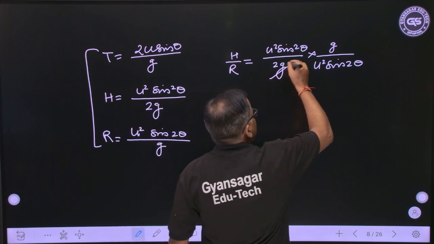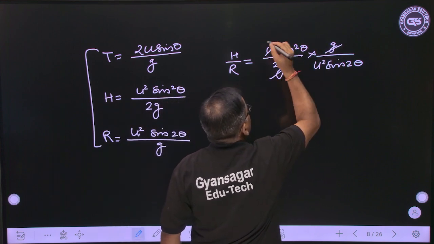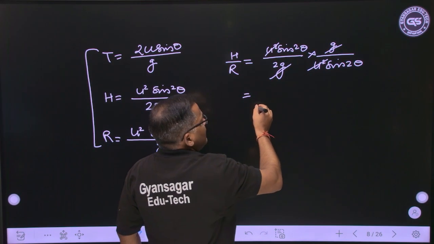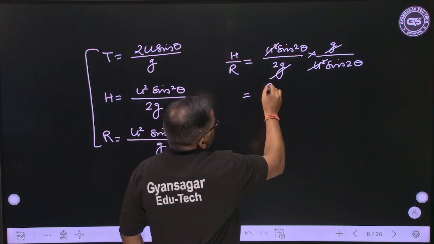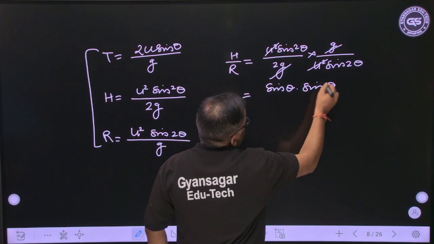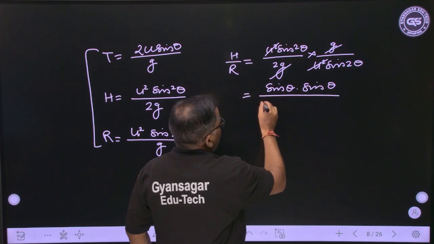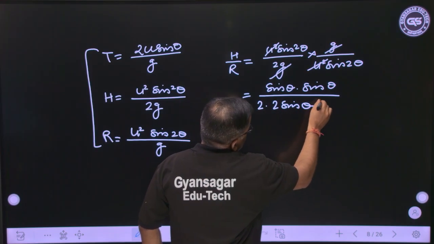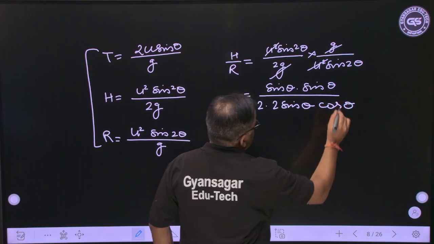So, we are left with sin square theta upon 2 into 2 sin theta cos theta.